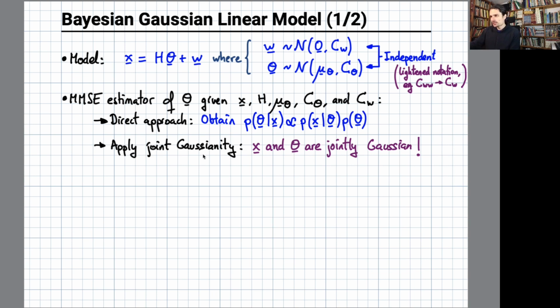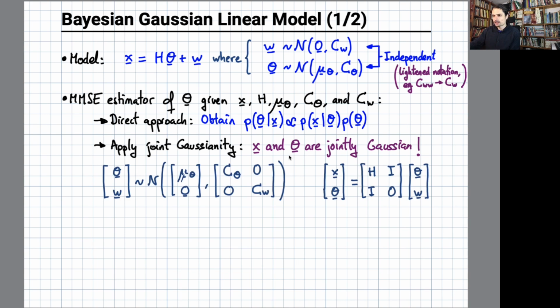So to see that these two random vectors are jointly Gaussian, we can just note that by these assumptions here, the joint distribution of theta and W is Gaussian with this mean and this covariance matrix, right? So note the zeros here that follow from the independence assumption, okay?